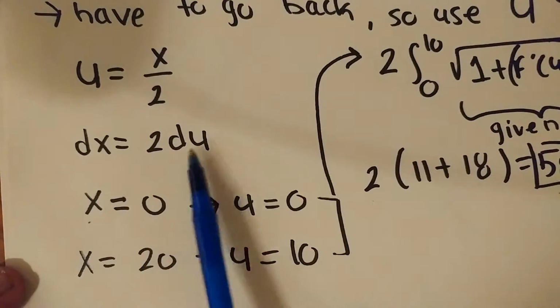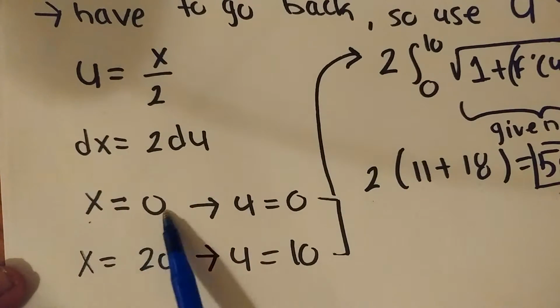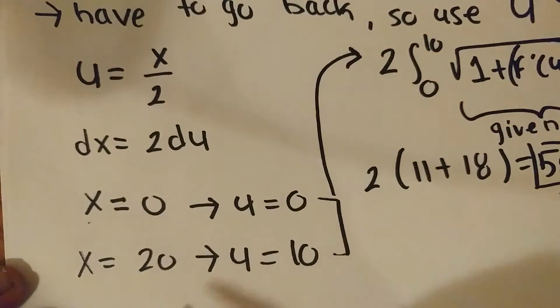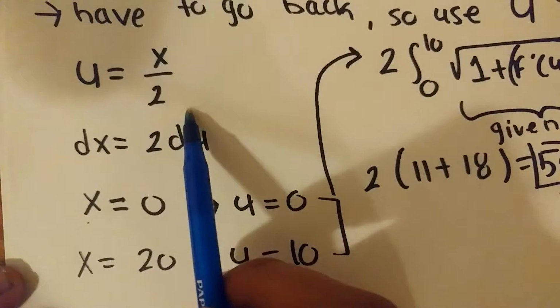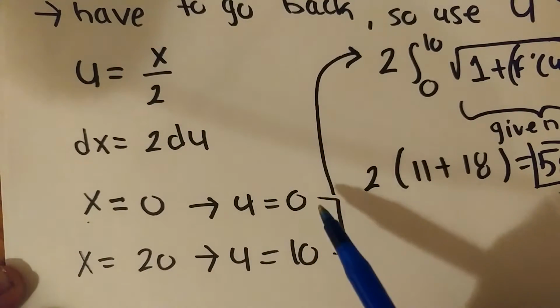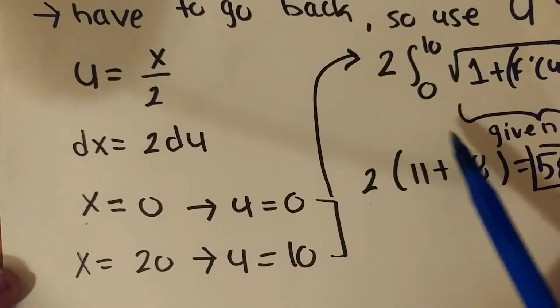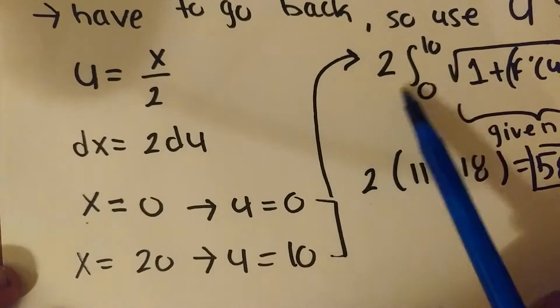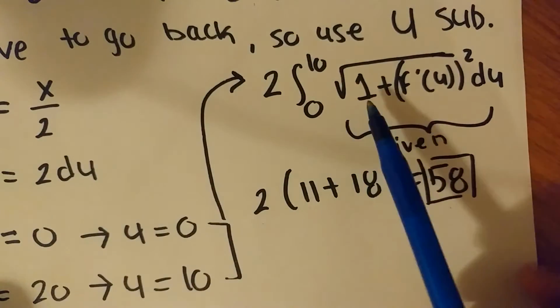And dx, of course, is going to be 2 du. And for x, when x is 0, 0 over 2 is 0. When you plug in 20, 20 over 2 is 10. So u is 10 and u equals 0, those become our new bounds, and the 2 comes from this 2. We just move it to the outside. Like I said, constants are just easier to see on the outside.